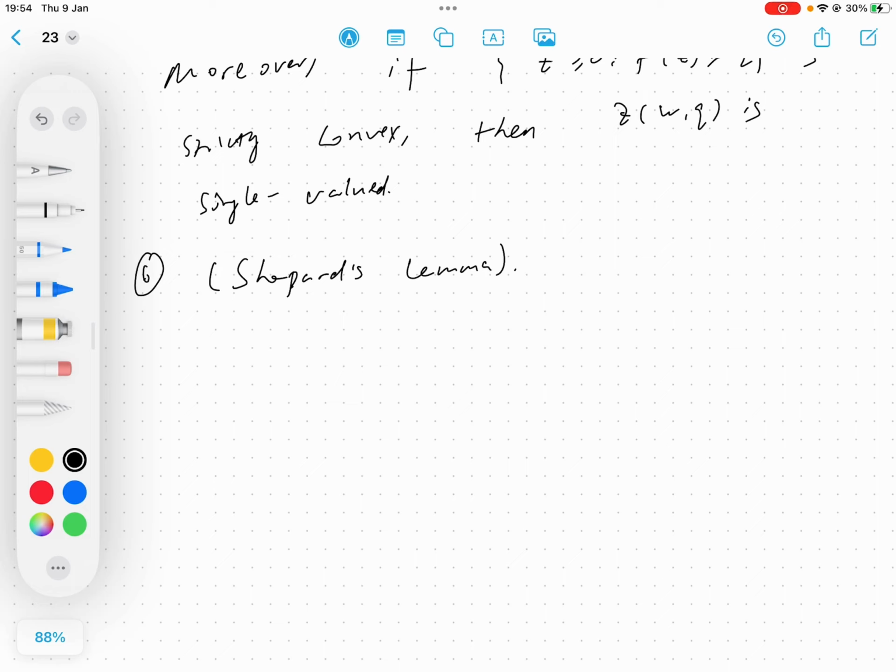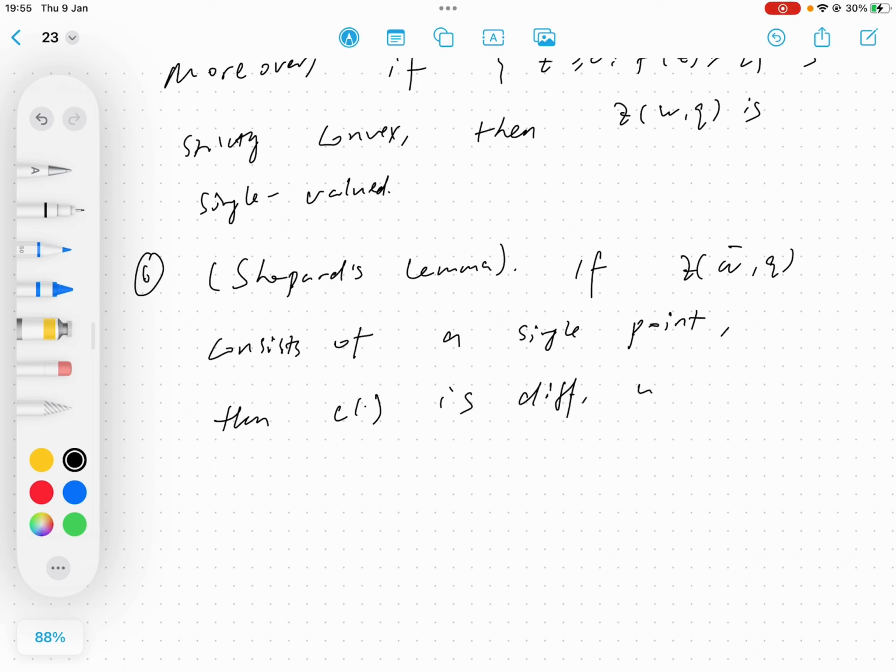It's still something we're familiar with. So it's saying that if Z(w bar, q) consists of a single point, as we just talked about, then the value function C is differentiable with respect to w at this w bar, and the gradient with respect to w of C(w bar, q) would be exactly Z(w bar, q).